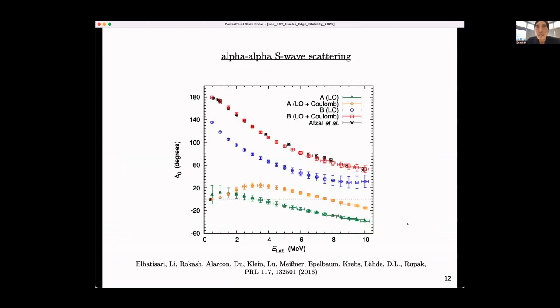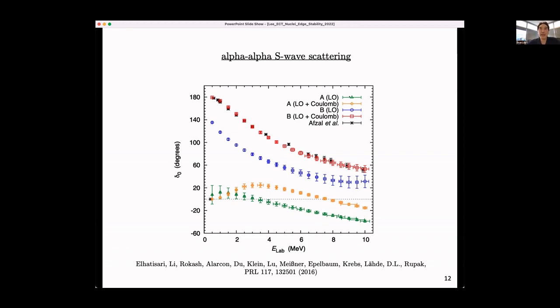And what we found is that by doing these calculations of alpha scattering, so this by itself is a whole long story how to do this calculation, but let me just assure you that we know how to do these calculations ab initio, these 8-body system calculations of alpha scattering for the S wave. And so the phase shifts look something like this.